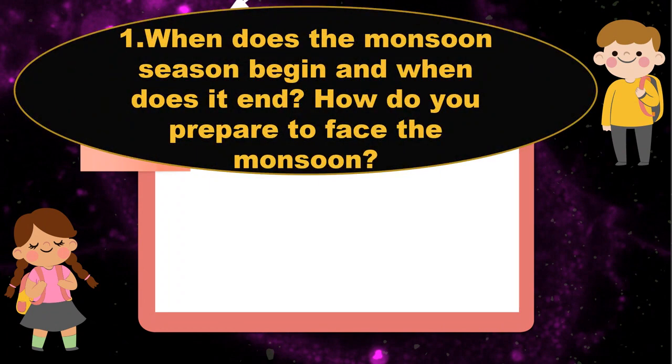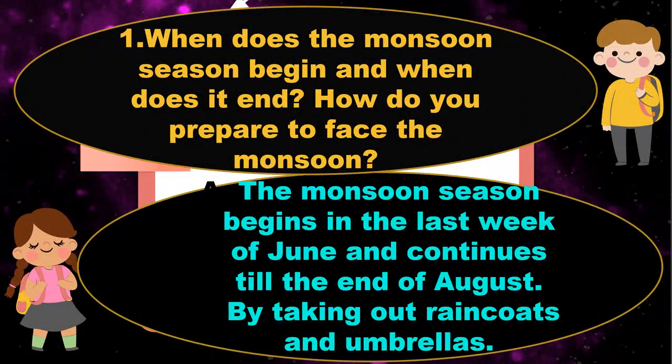When does the monsoon season begin and when does it end? How do you prepare to face the monsoon? When does it begin? Just think. The monsoon begins in the last week of June and continues till the end of August. And what do we do usually?